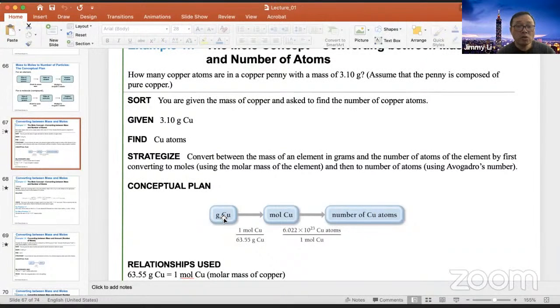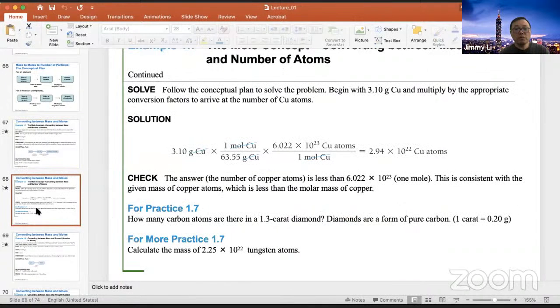When you convert grams of copper to moles, we divide by the atomic weight of copper, so our conversion factor is 1 mole over 63.55 grams. Once you have moles, you multiply by Avogadro's number over 1 mole of copper. Let me show you the answer on the next page.